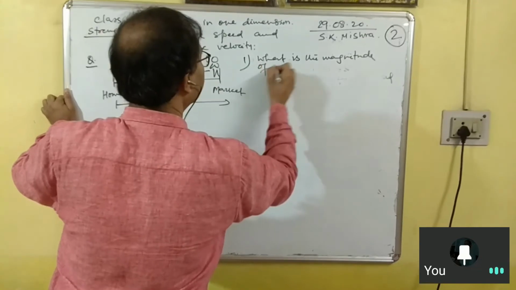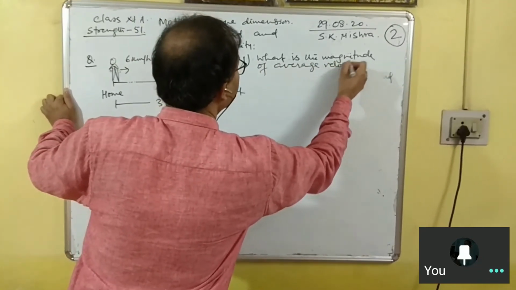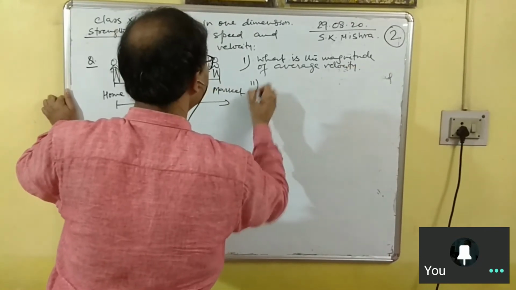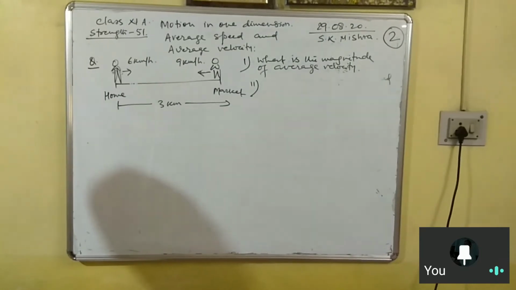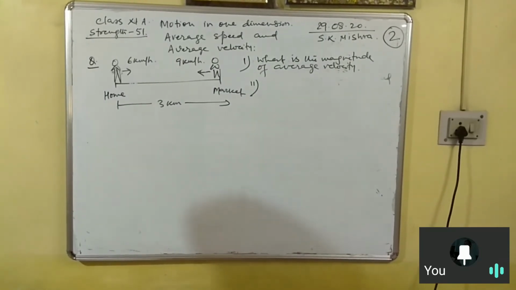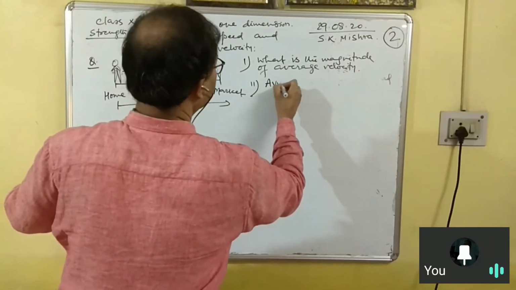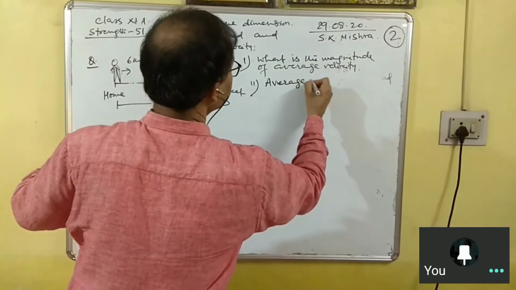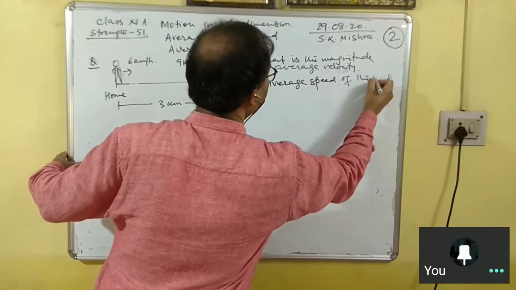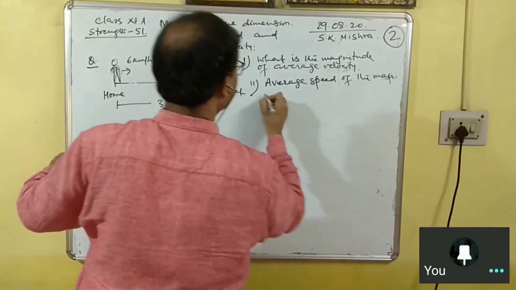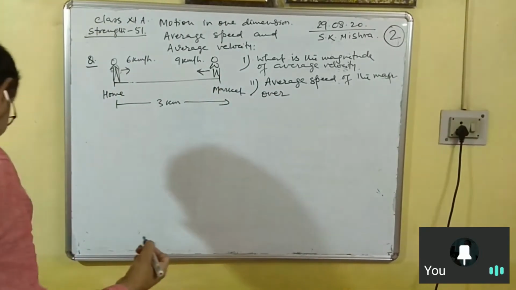The second bit is the average speed of the man over the interval of time. The time interval is given to you.